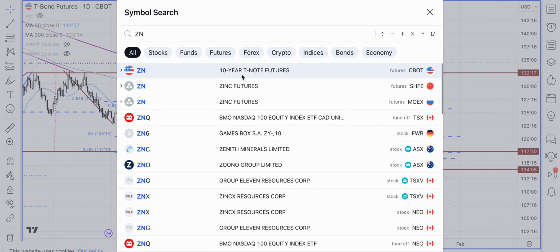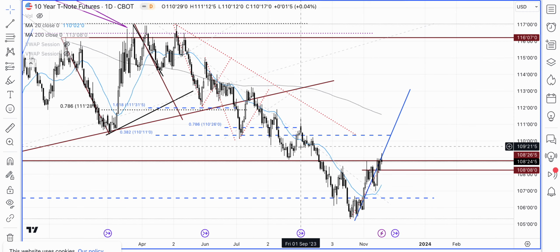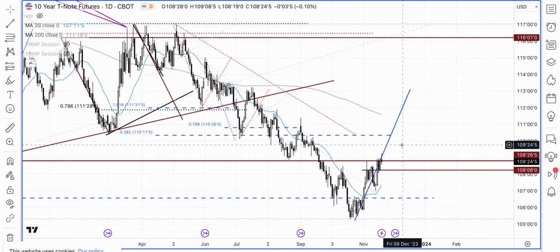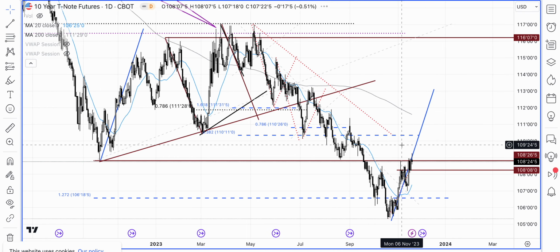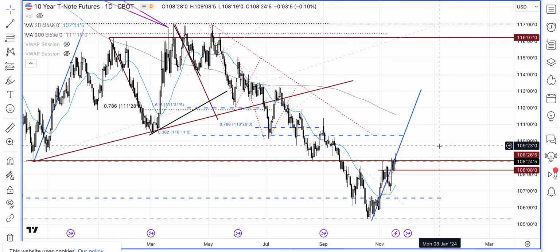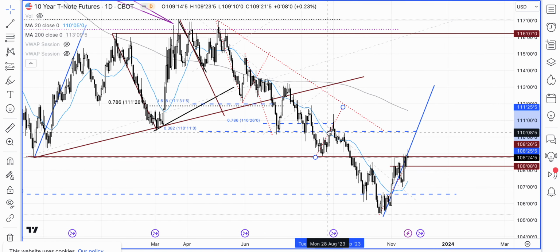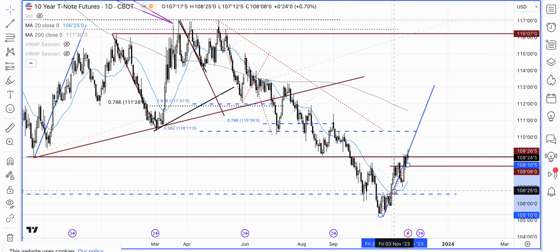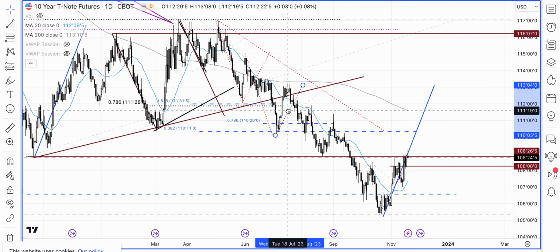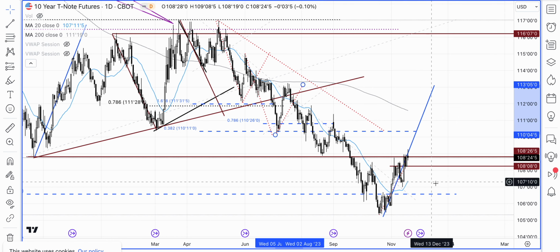So if we move to the 10-year Treasury note futures, similar kind of pattern formation, moving higher. It has broken above the bearish symmetry, which was present here, so that's a nice sign. However, it hasn't broken by a lot. One of the key things is that where it is right at the moment, it's here at the structural resistance.